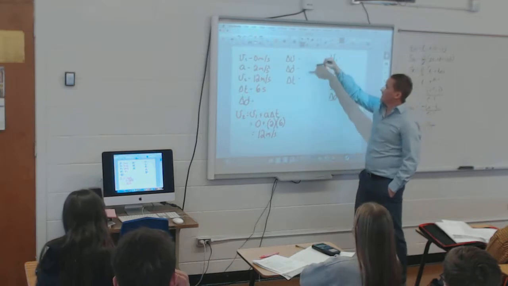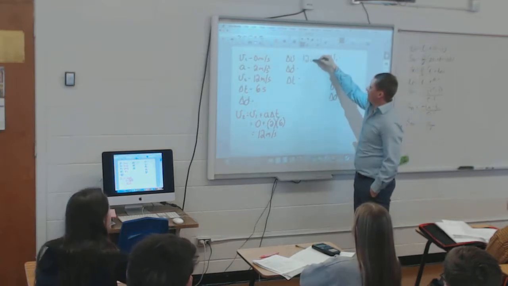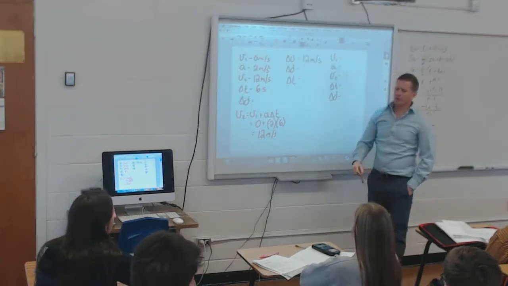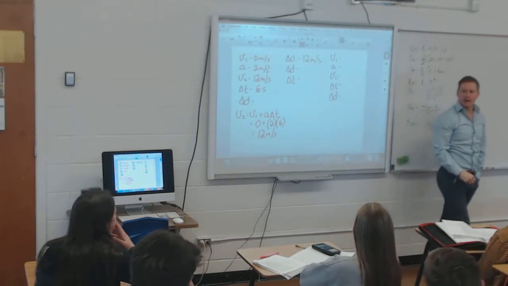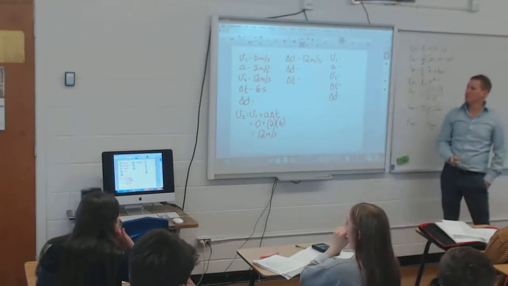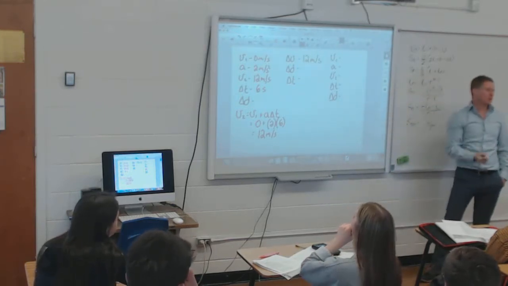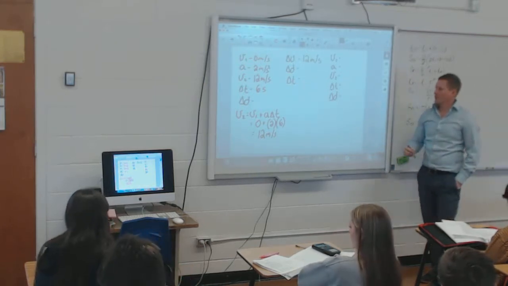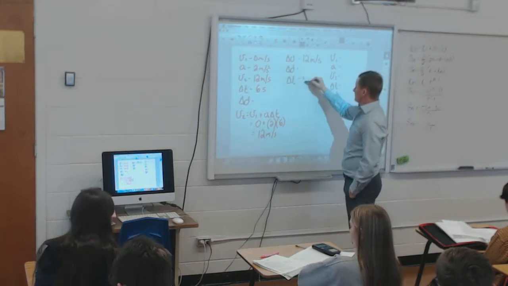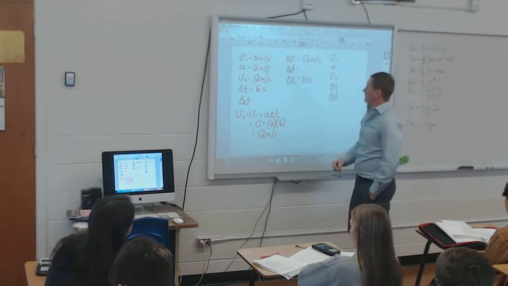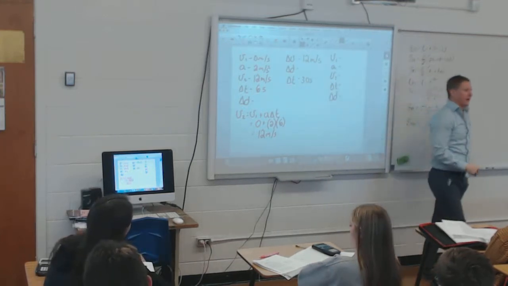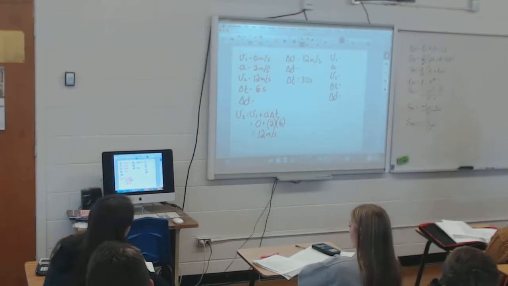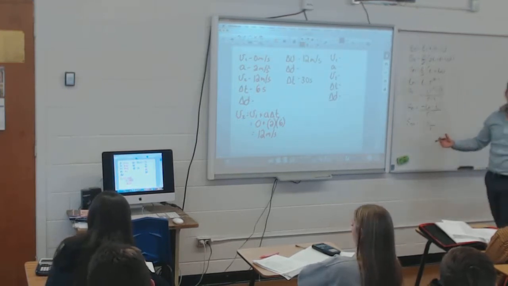Well, that's over here now. Because he's going at a constant speed, the speed is 12 meters per second. How long does he go 12 meters per second for in the second stage? 30 seconds. And then after 30 seconds, he starts slowing down, correct?